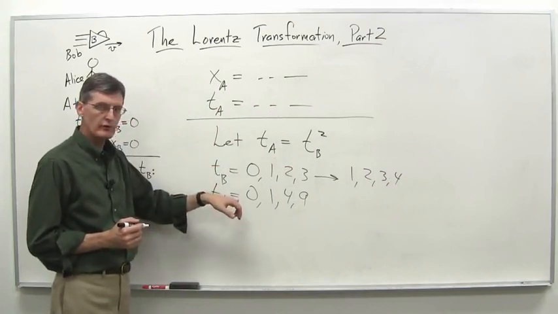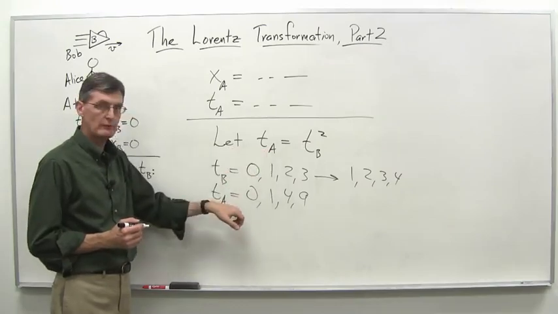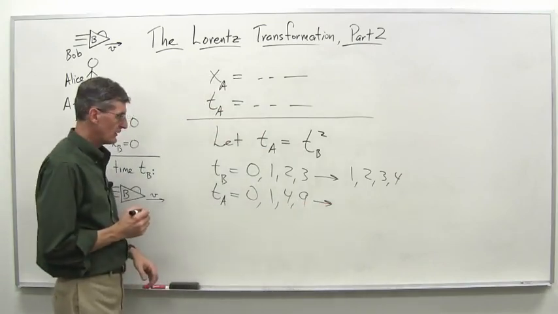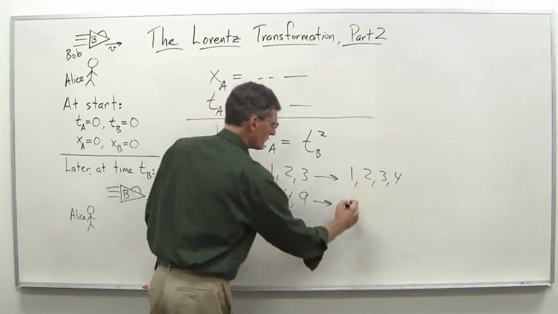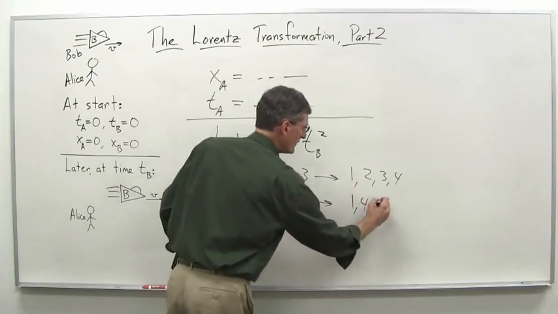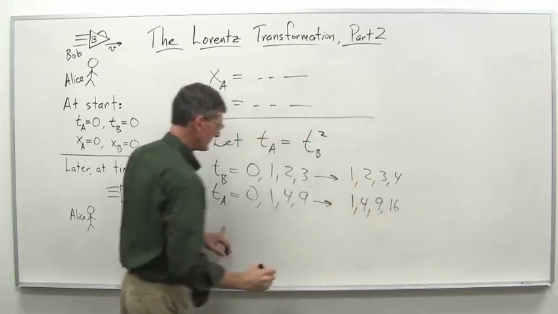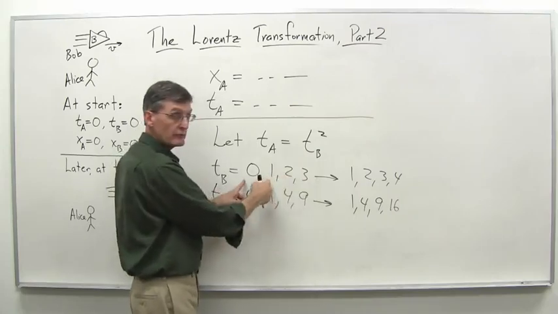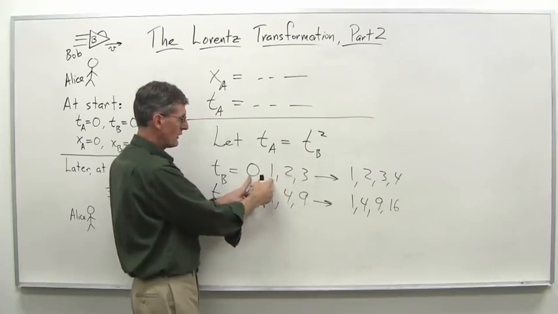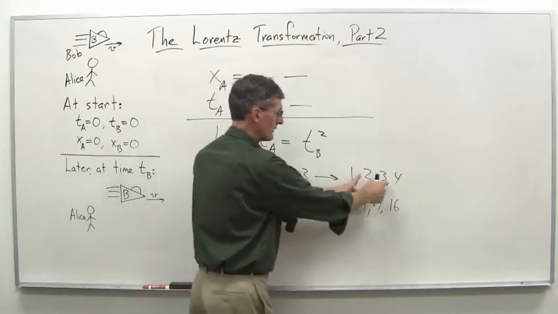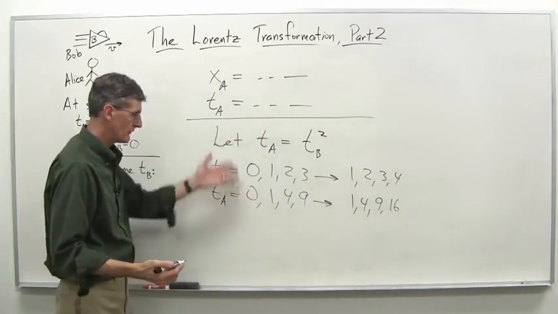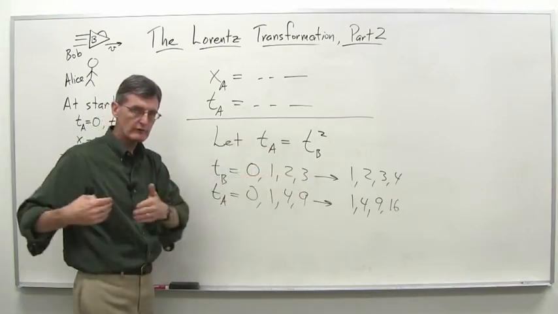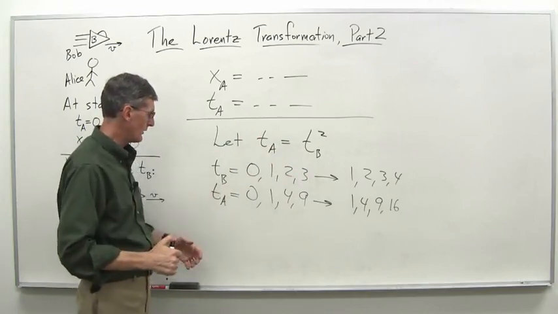But look what happens when you then use this formula and put it into Alice's clocks and her times. Then it becomes 1 squared, 4, 9, and 16. Whereas with Bob, the times between each event are still the same, 1 second, 1 second, 1 second. There's no change between events at 0, 1, 2, 3 versus 1, 2, 3, 4, just moving the origin for our time scale.